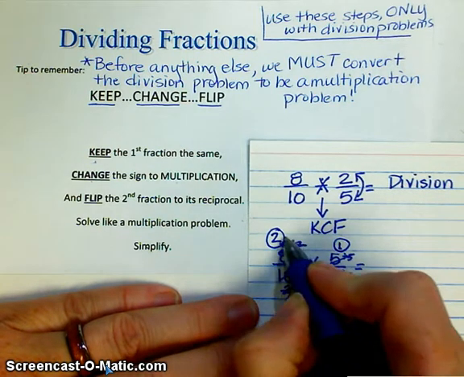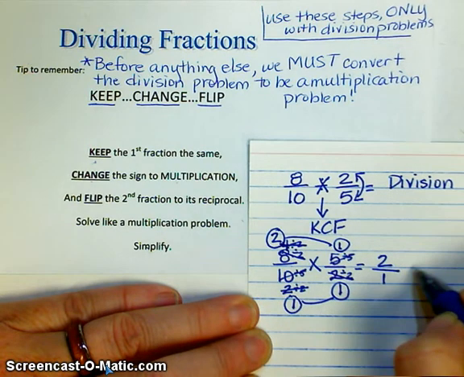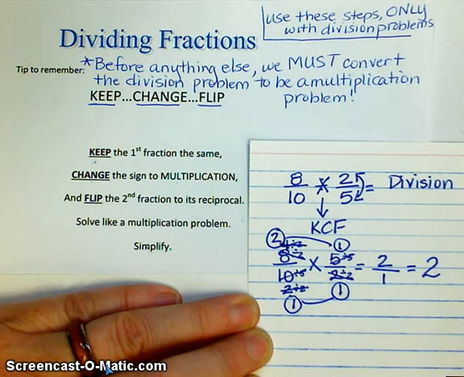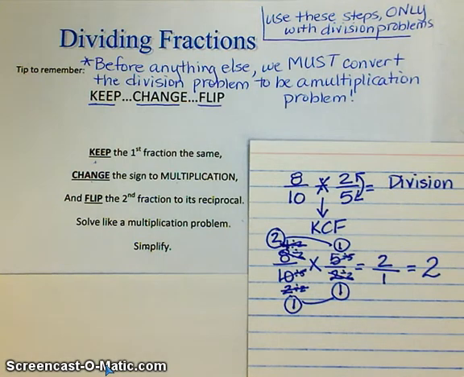From there, we're going to multiply our tops, multiply our bottoms, and our final answer is 2. That's how you do division of fractions. I will do another video on how we divide fractions with mixed numbers and whole numbers next.